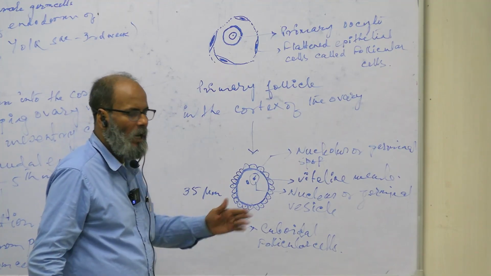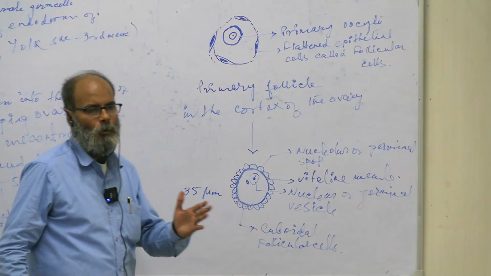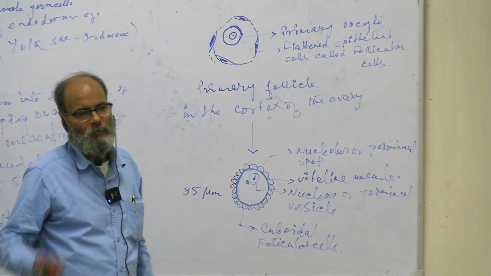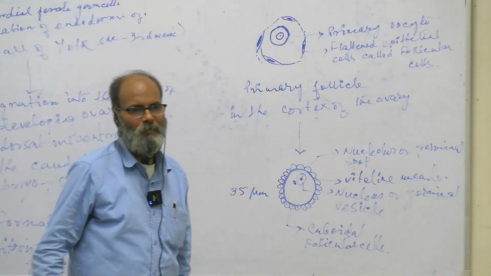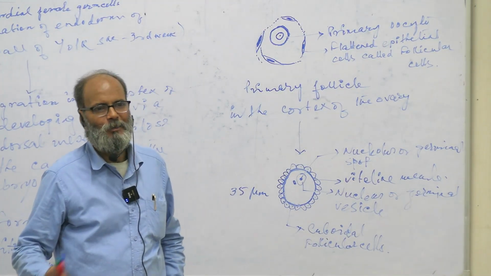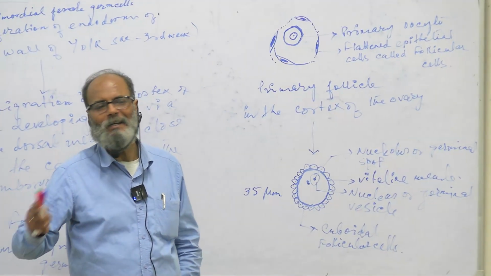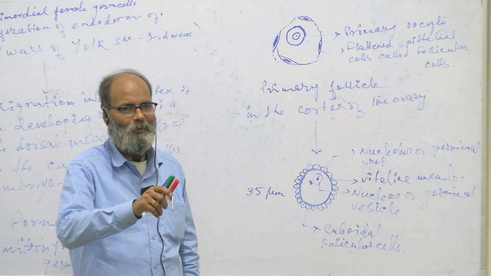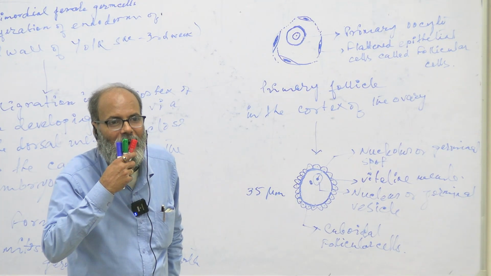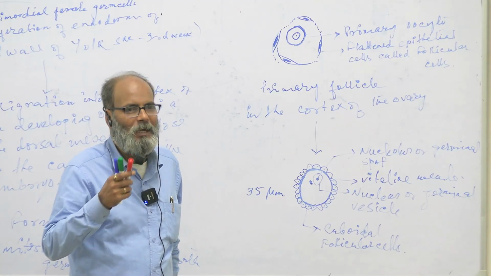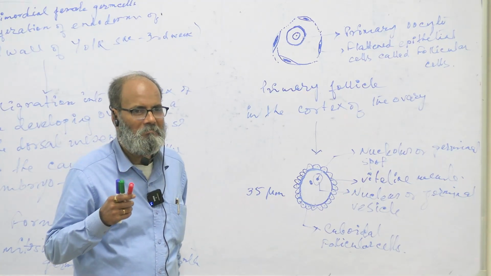All right. And at the stage of mature Graafian follicle, write down the spelling of Graafian. 99.99% students make a mistake in the spelling of Graafian follicle. Write down. Anybody else?